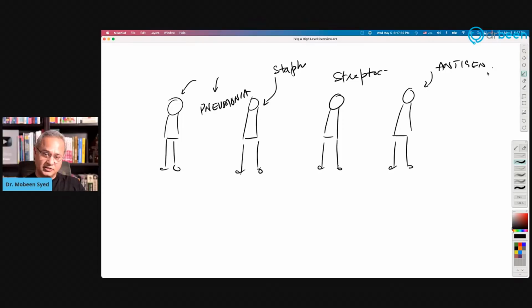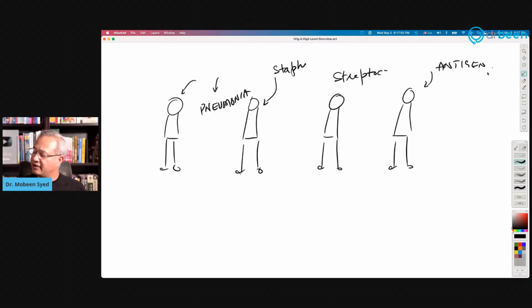So what we do is we give IVIg to patients because they are unable to make these antibodies. Imagine maybe I have some immune system deficiency. And remember, it is not only used in immune system deficiency, it is used in rheumatology as well, it is used in neurology as well, and so on.